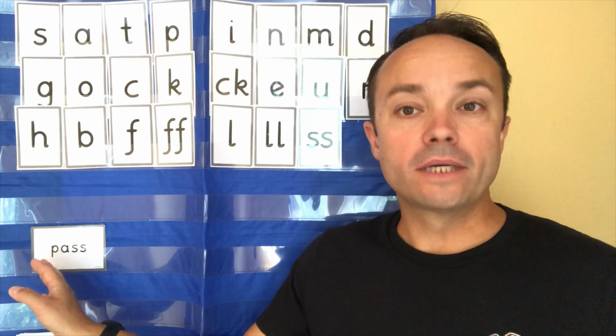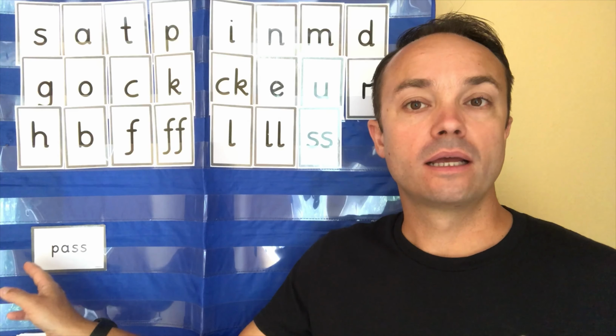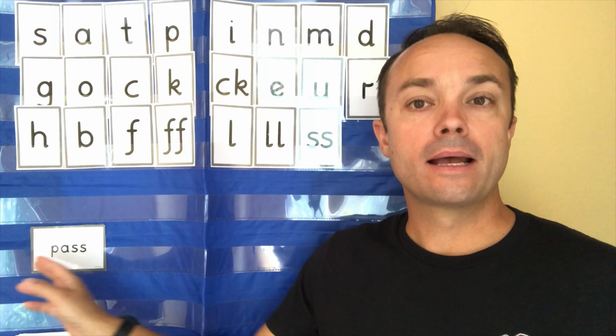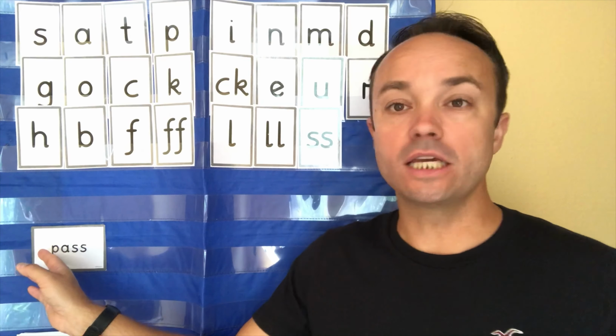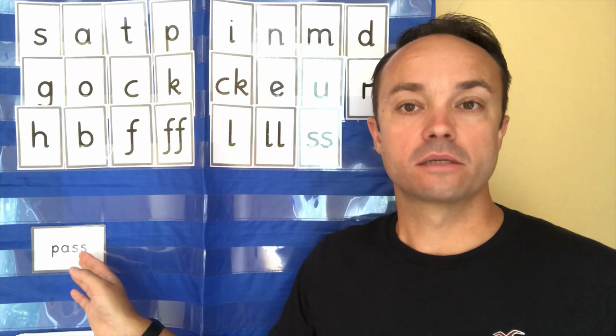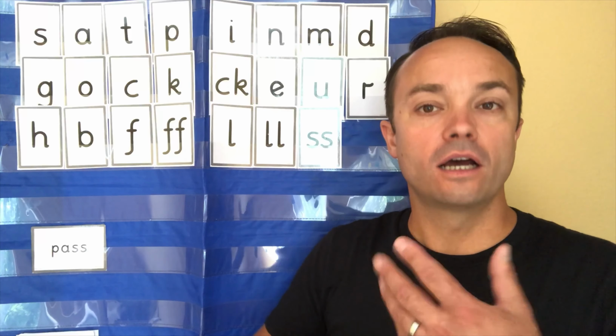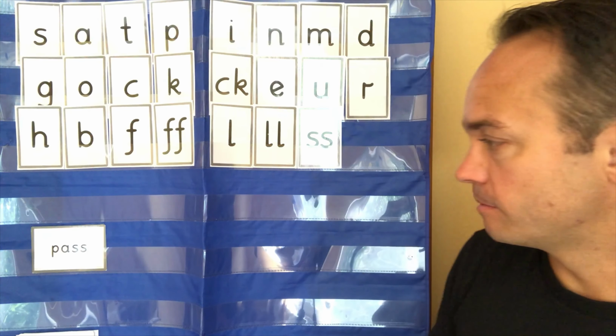In different parts of the world, English is obviously spoken differently. There are accents. So I'm going to say this is p-a-s, pass, but I say pass. And I still teach pass because that is how I talk. And you would have to just find your own way of teaching this.